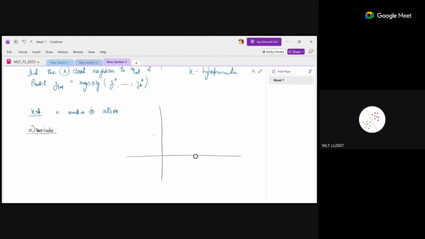Suppose I have a data set which looks like this, and let's say these are all one group, one label, and there is maybe one point over here which is some other class. Then there is another label which is mostly on this side, but maybe one or two are on the other side as well.